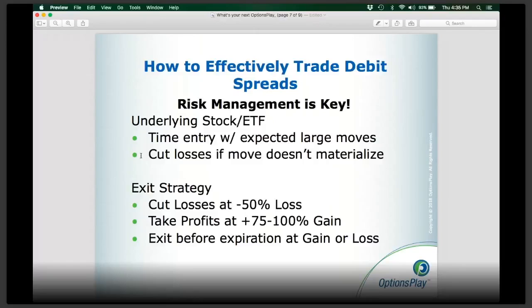If you're trading multiple contracts, you can take partial profits at 75 to 100% gains. So if you bought a spread for $1, it's now trading at $1.75 or $2, that's time to start protecting your gains, and start taking some profits, at least partially on some of your trades, if not all of it.